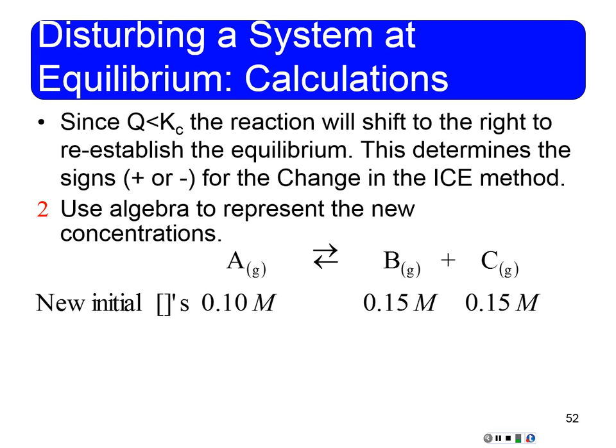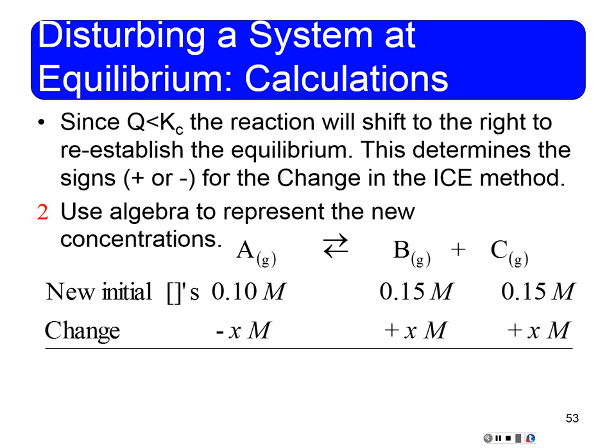This time we're not given anything, we don't have any insight into what these equilibrium concentrations are. So we have to use what we determined here. We determined that we are forming products. Remember, this reaction could be shifting either way. So that means that we're going to have positive change here.